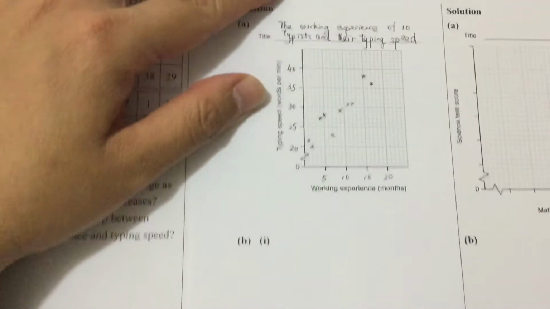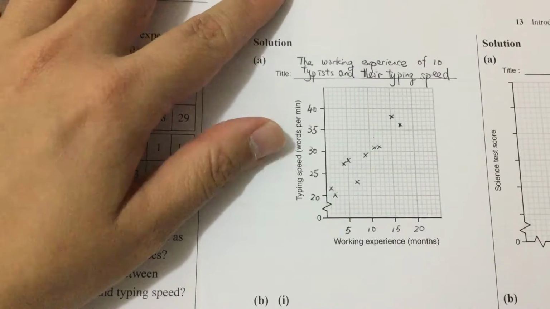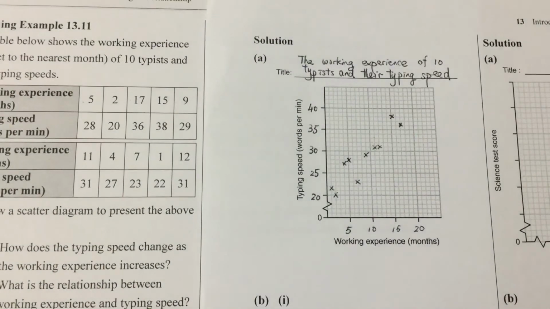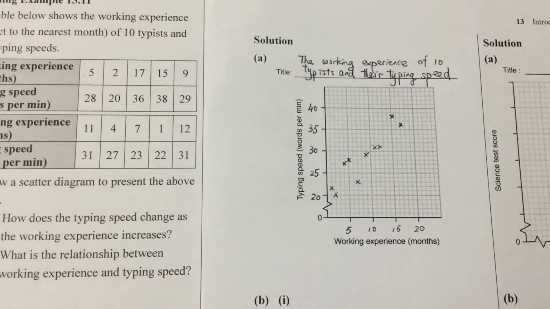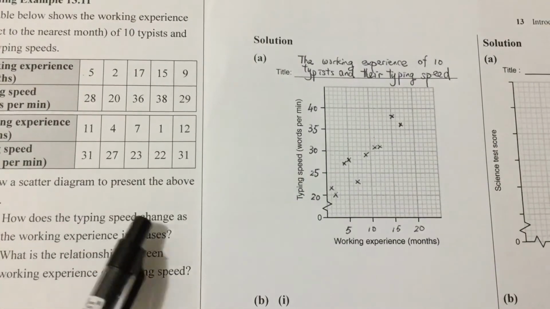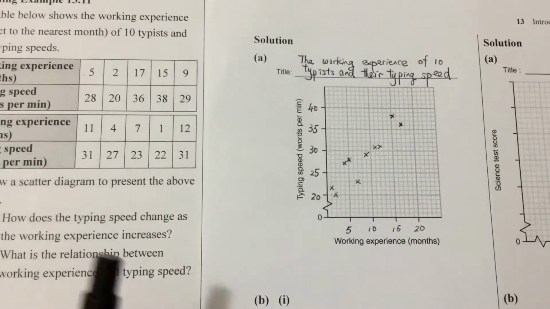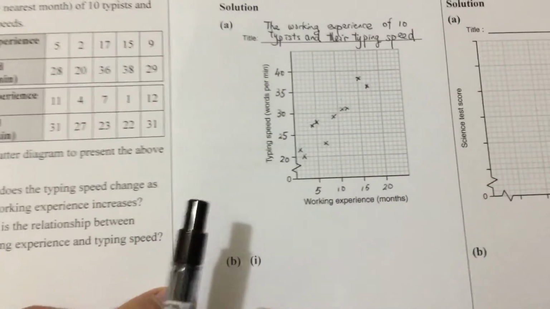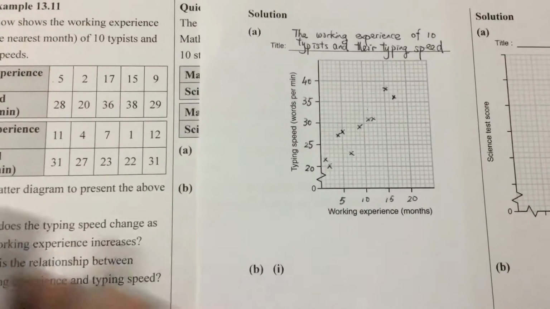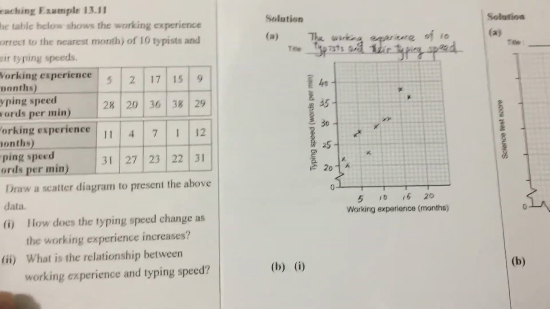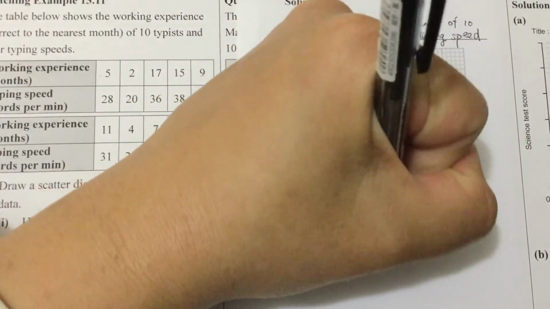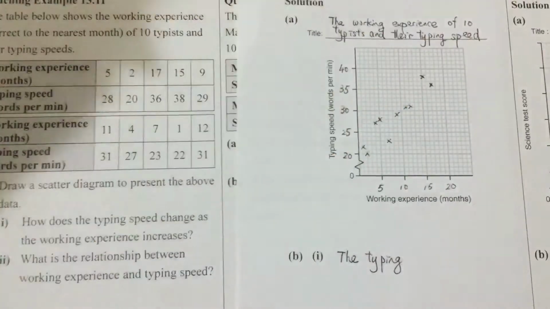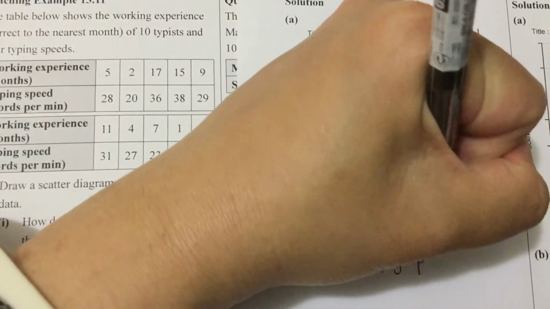Now please look at this question, this example. Can you tell me how the typing speed changes as the working experience increases? Obviously, if the working experience increases, the typing speed also increases. So the first answer is the typing speed also increases.